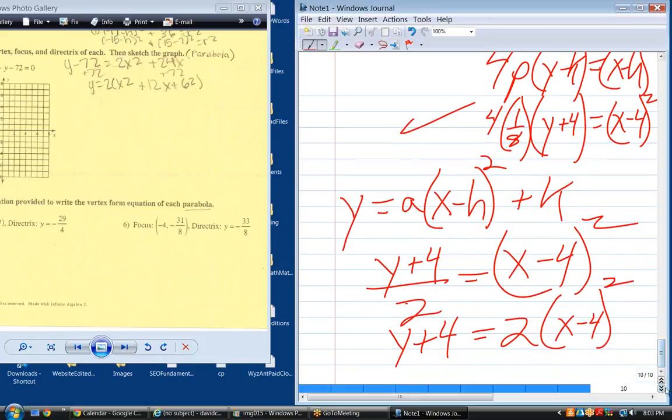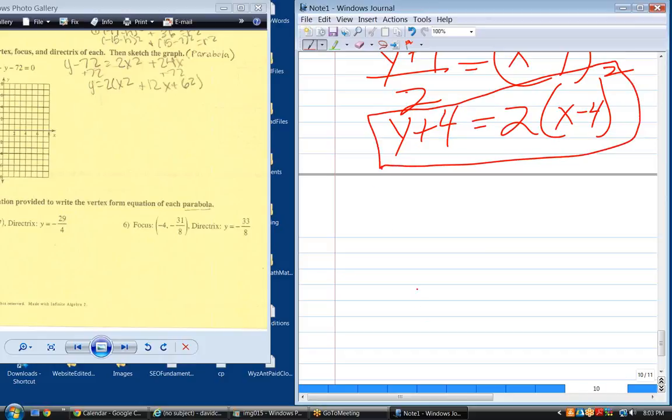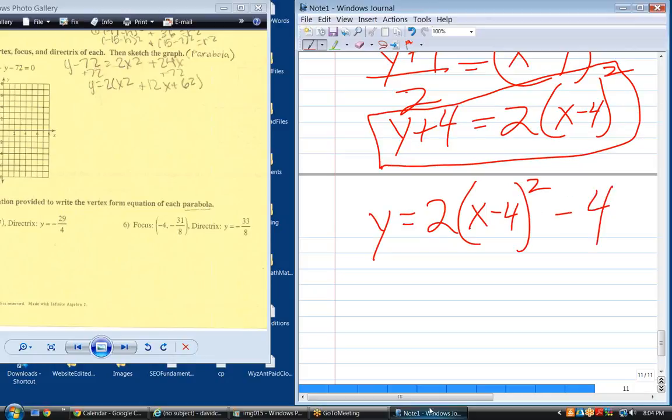And the final step, here's where we're at. What's the last thing to do? Okay, so now we have this, and that is vertex form of this equation. In other words, our vertex format was a times x minus h squared plus k.